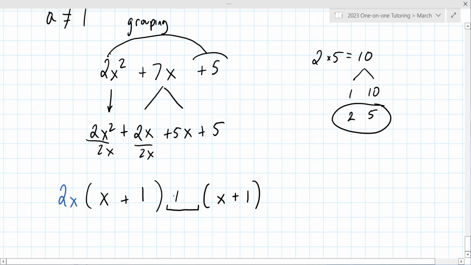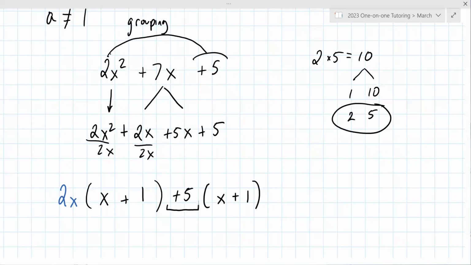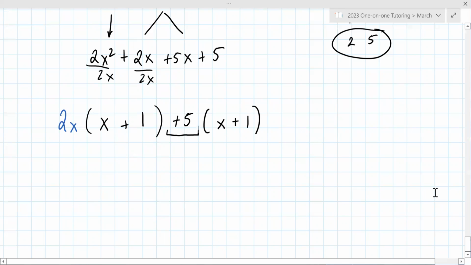So 5 times 1 gets you back to 5. 5 times x gets you back to 5x. Are there any questions on that before we move to the final step? So it's what gets you back to the last two terms.